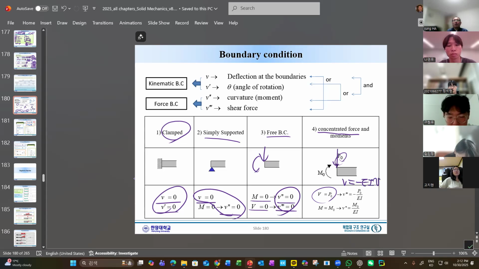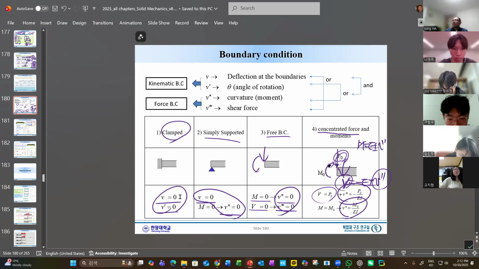EI V triple prime, so this is the shear force. The shear force is a vertical load. This is given, so we do know the triple prime. And the moment is specified. Well, we already know moment equals EI V double prime. So we know this one.